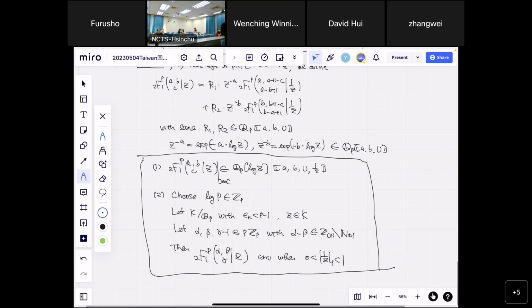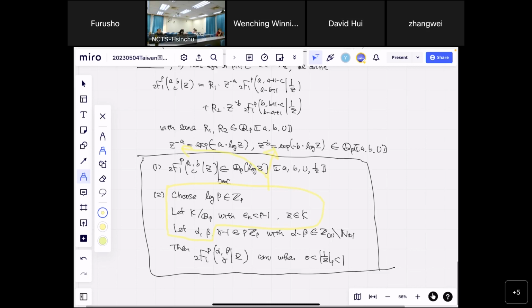So the condition, you have several conditions, but let me explain how they contribute. These two conditions are necessary to show the convergence of these two exponentials. That's why we choose these conditions. This is an infinite summation.